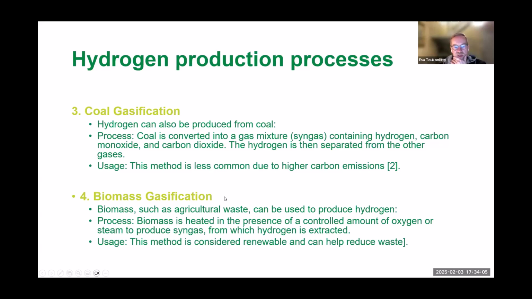Biomass gasification became quite popular some 20 years ago. It was one of the alternatives to replace fossil fuels. So the biomass can be some kind of lignocellulosic waste material, whatever woody or plant material works okay. And basically after some purification steps, you can have hydrogen and some other products from these gasification reactions.